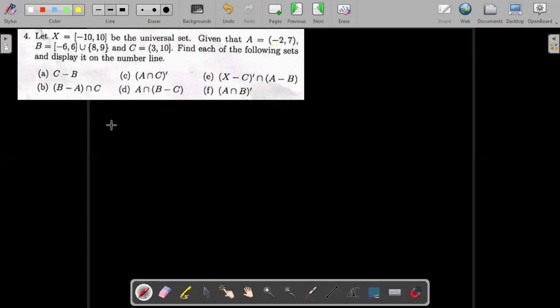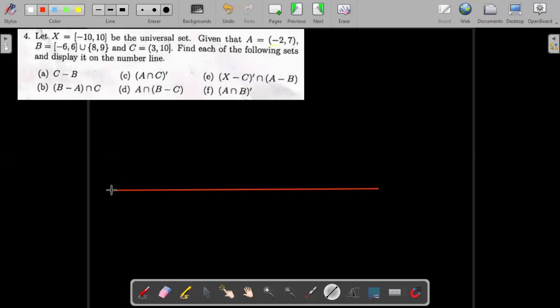So how do we find these sets and how do we display them on the number line? Okay, so let us first have a general plot of what we are looking at. So we have this line here, which is going to be our X, the universal set.